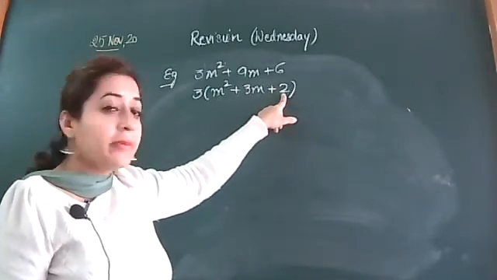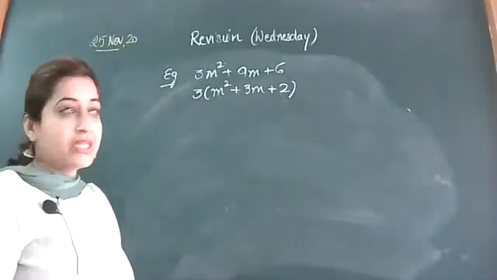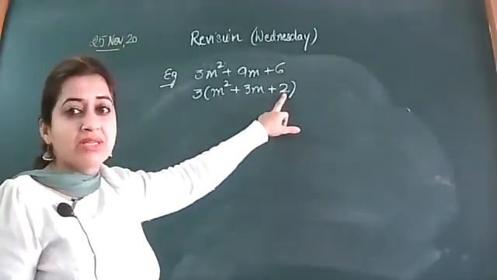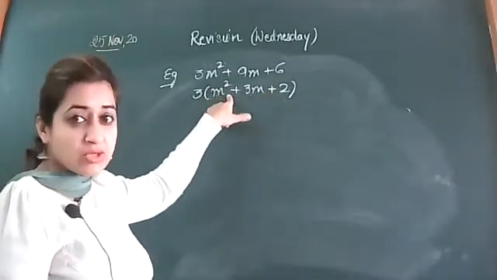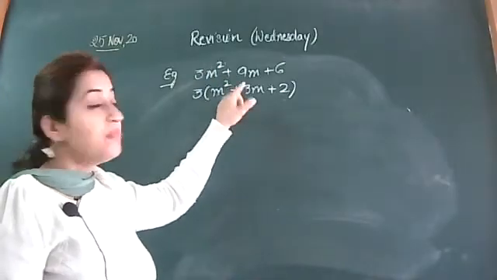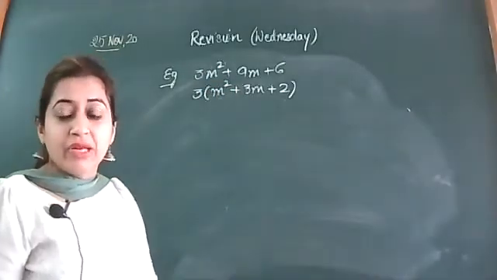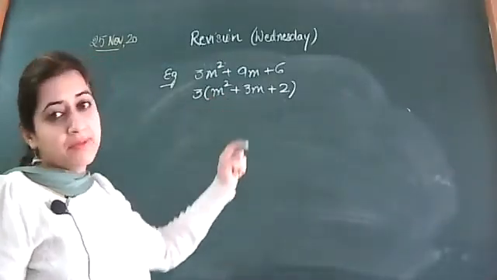That means you can't apply the identity here. So for this, I'm going to tell you, when a perfect square number is not there in the question, you will solve the quadratic. It is quadratic because it has power 2. So the quadratic term will be solved by your middle term splitting method.